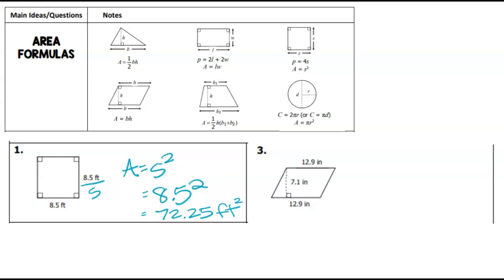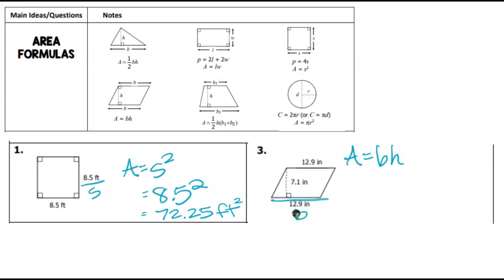So I'm on to number 3. Number 3, this is a parallelogram. I see my parallelogram formula right here. Simple one, area equals base times height. So I'm going to use that formula, area equals base times height. So my base is one of my sides of the parallelogram.